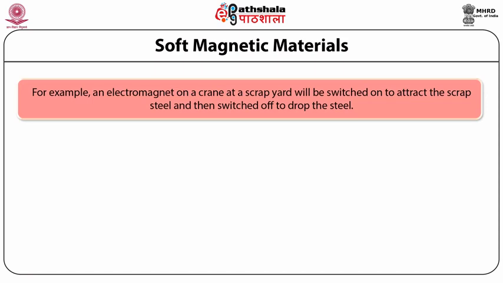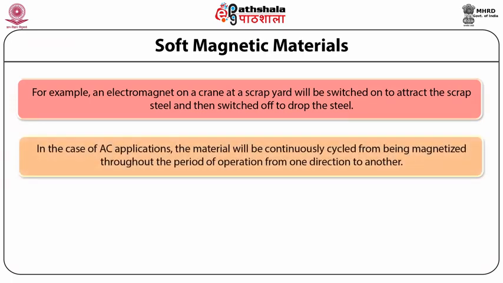For DC applications, the main consideration for material selection is most likely to be the permeability. In case of AC applications, the material will be continuously cycled from being magnetized from one direction to another throughout the period of operation, for example, a power supply transformer.